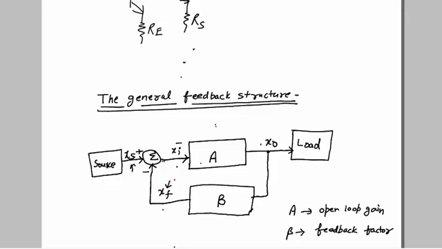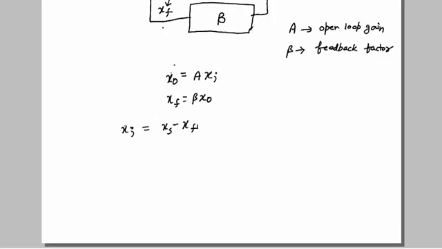Now we know that A, which is the open loop gain, by definition it is the output by the input. This we can write as x naught by xi, and xi we can write as xs minus xf.